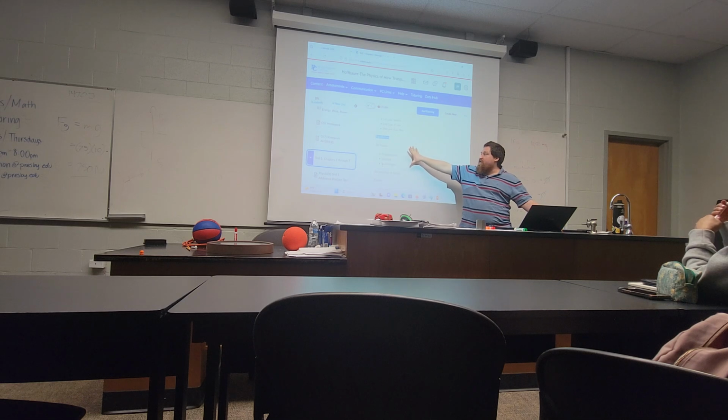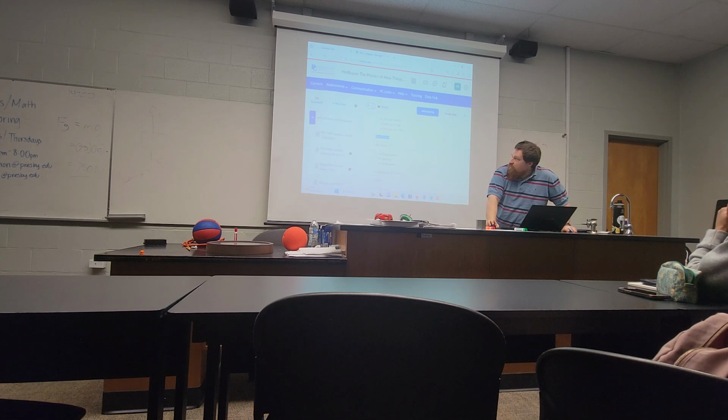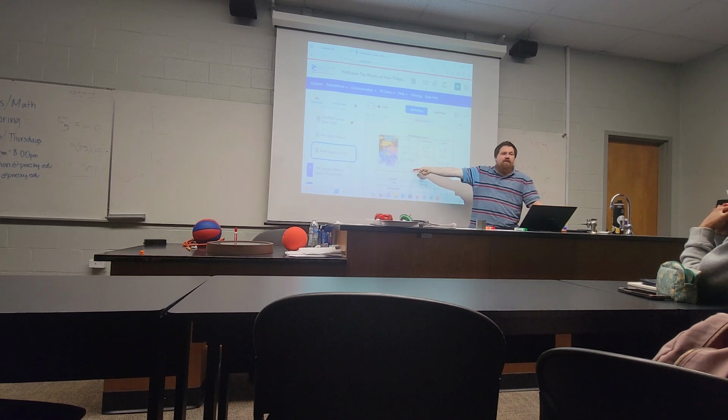Acceleration kind of pairs back into the next thing here, one-dimensional motion, displacement, velocity, and acceleration. Main thing about that is, if you look at the updated formula sheet in the resources tab, be able to use these 4 formulas to describe an object's motion: its displacement, its velocity, and its acceleration.